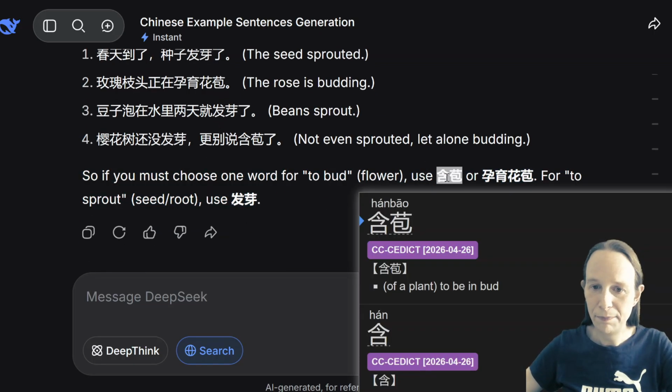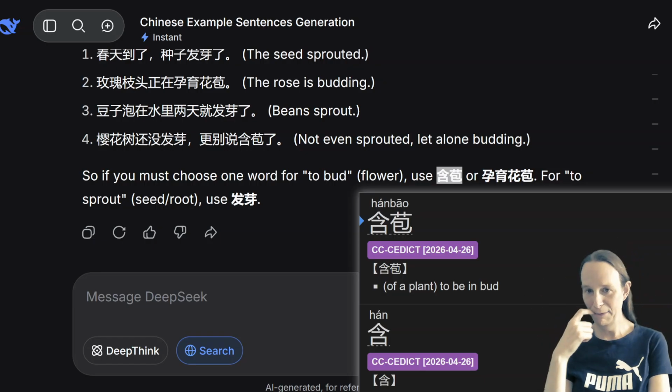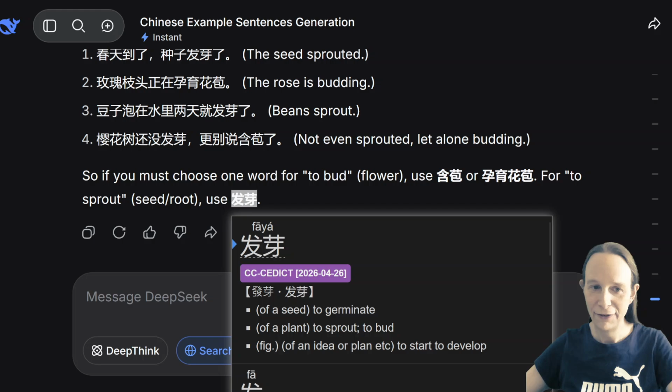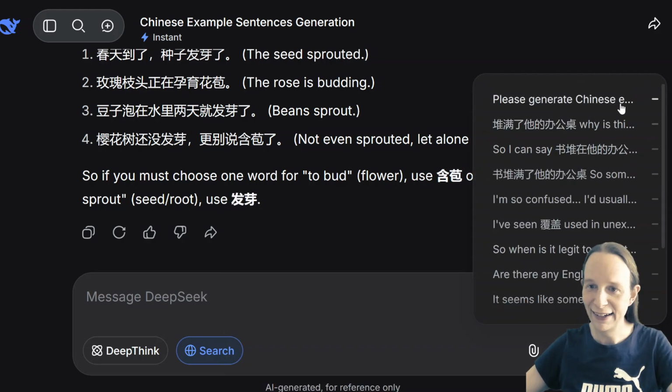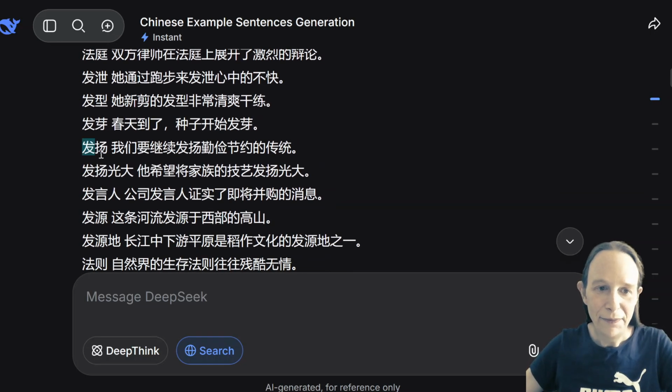Okay, to be in bud. All right, fire or sprouts in the ground. That's my belief. Anyway, let us continue.